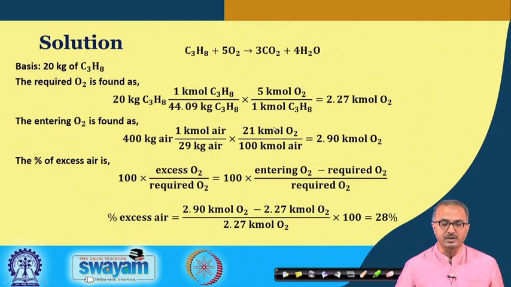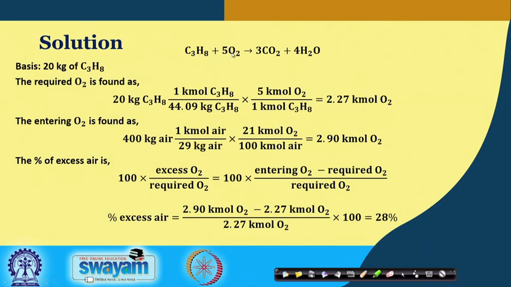Now, first we look at the particular reaction. Here we assume that the reaction is completely done. So, any hydrocarbon, when it reacts with oxygen, will produce carbon dioxide and H2O. Because we have been given 20 kg of propane, we put this as the basis, and now we find from the stoichiometry how much oxygen is required. 1 mole of propane needs 5 moles of oxygen for its complete conversion.